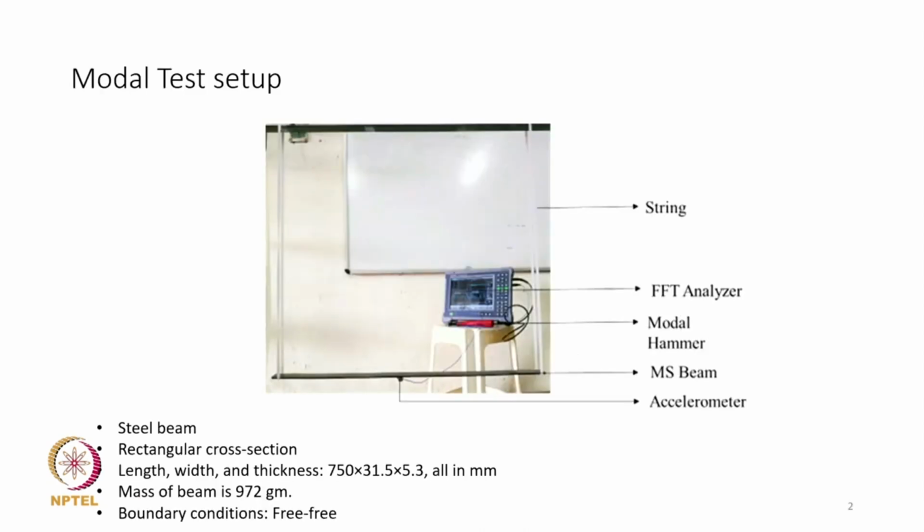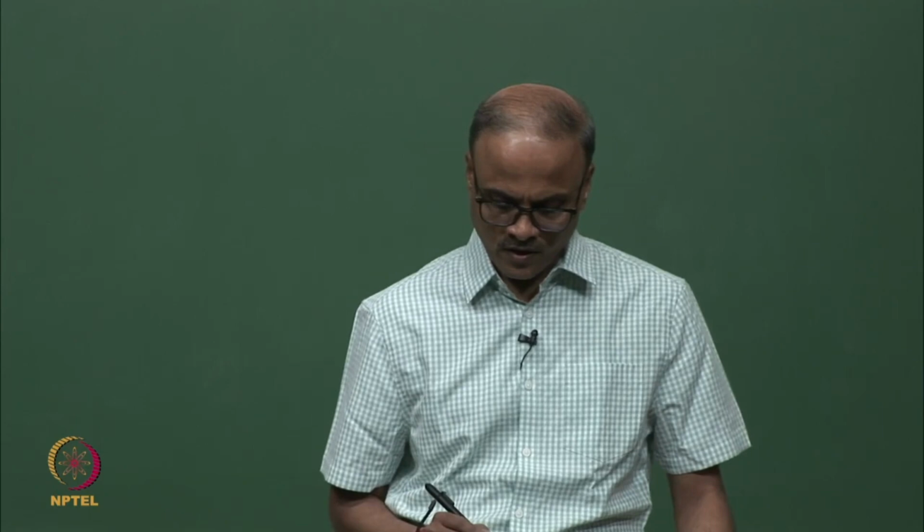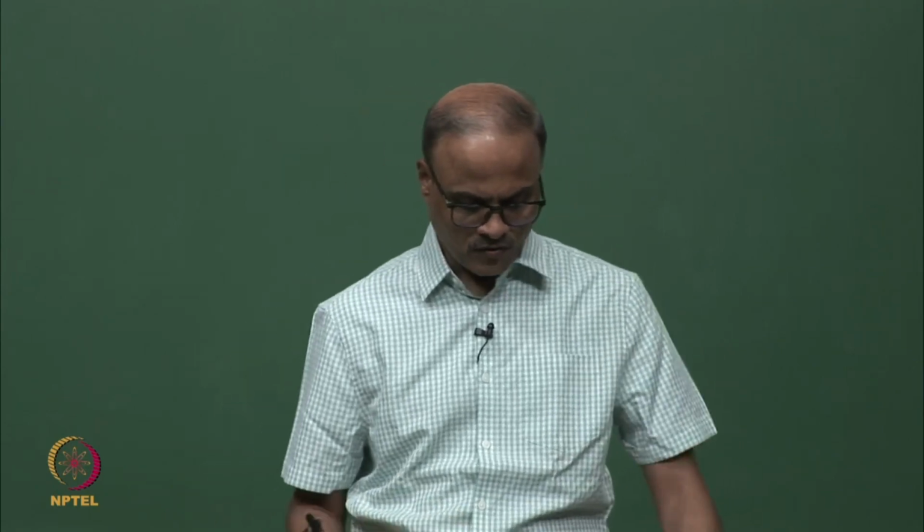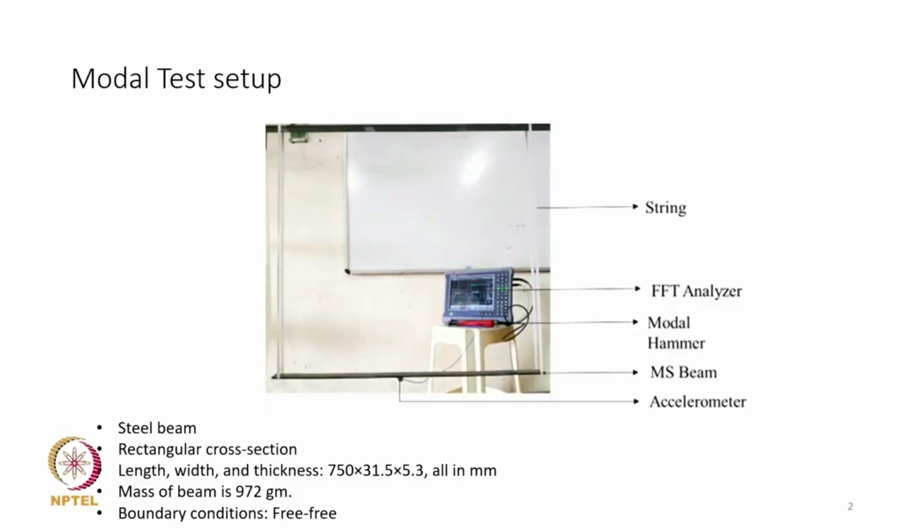So this is the setup for modal test for FRF measurement. You can see we have a steel beam, and that is being supported using soft elastic bands because we want to simulate the free boundary conditions. The beam is of rectangular cross section and the length, width and thickness of the beam are 750 mm, 31.5 mm, that is the width, and then the beam is 5.3 mm thick.